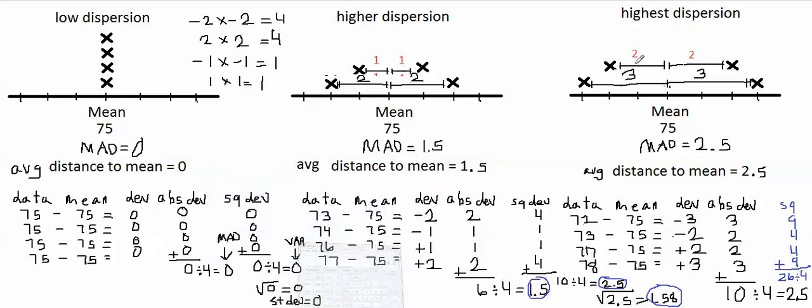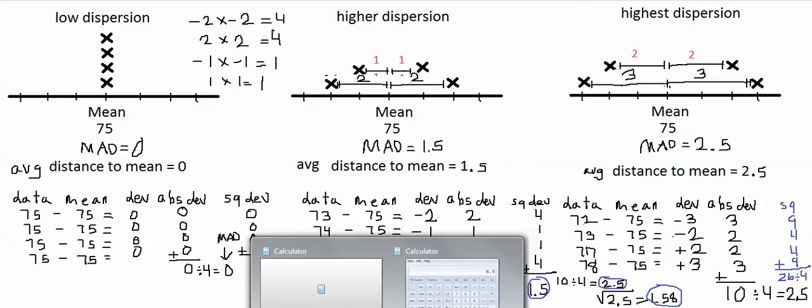That's the variance of this data set. With the other data set, when I added the squared deviations and divided by 4, my variance came out to 2.5. But now in this data set, when I added the 4 squared deviations and divided by 4, I got a variance of 6.5.